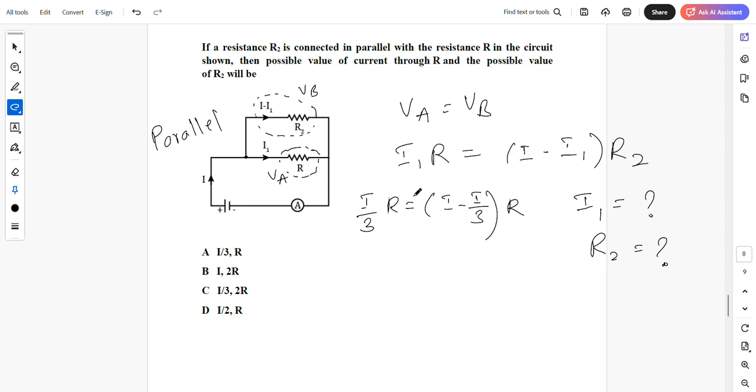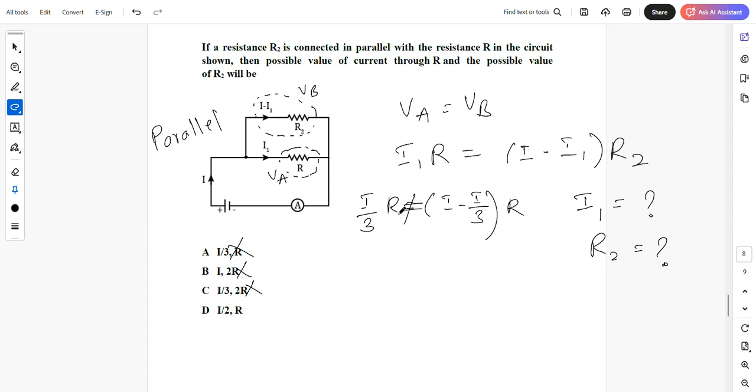This is not satisfying. Trying another option, I minus I gives 0, and I into R is 2R, that is also not satisfying. I by 3 minus 7, this is also not satisfying.